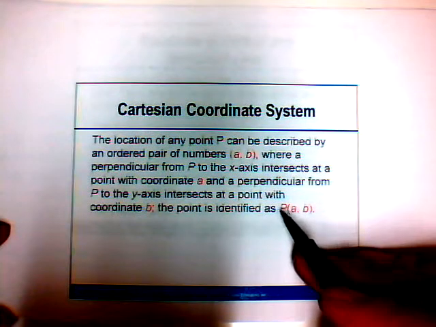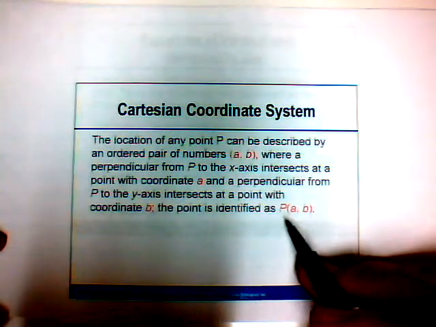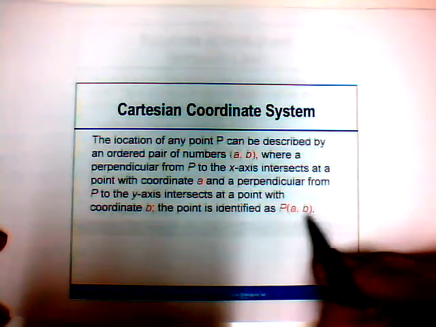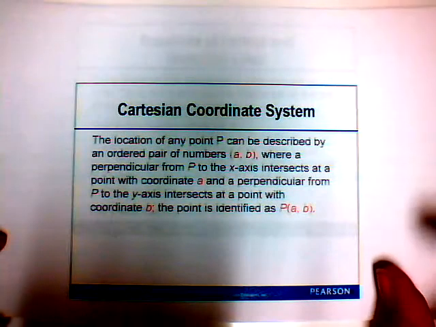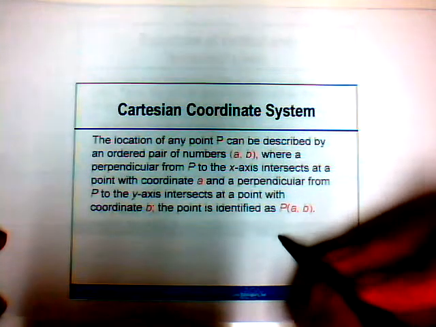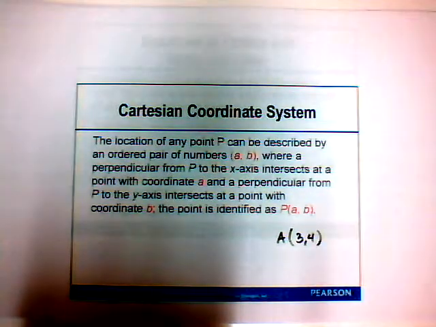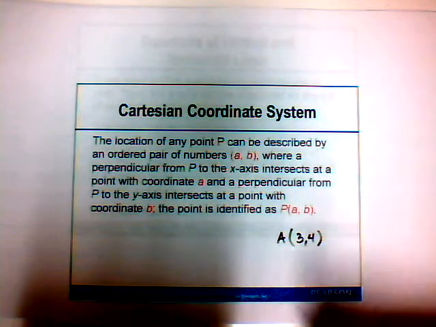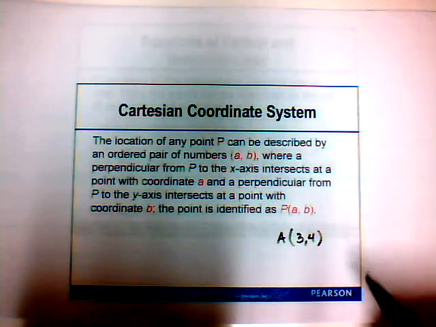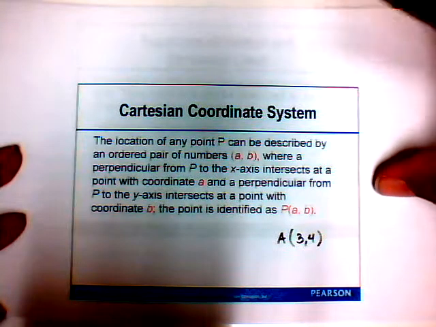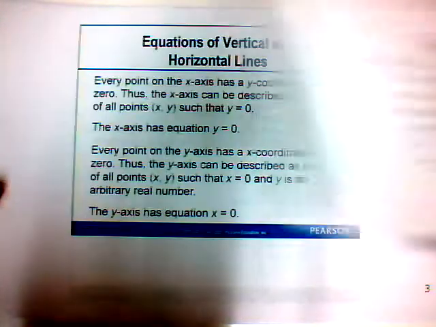Usually an ordered pair will have a letter in front of it, just like point P with the coordinates (a, b). For example, let's say A with the coordinates (3, 4). You'll go to the right 3 and then up 4 and draw the point, and then you'll label that point as point A with a capital letter.